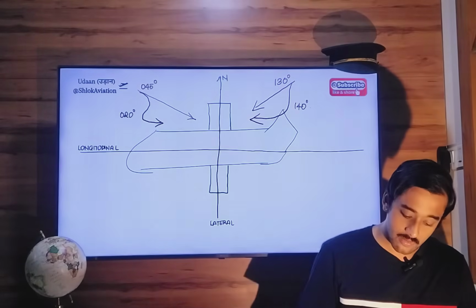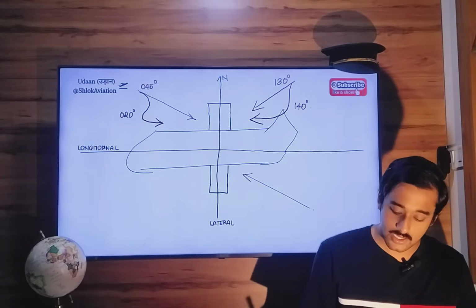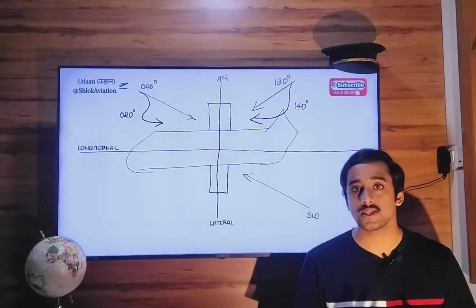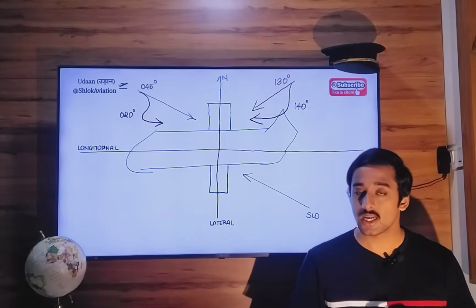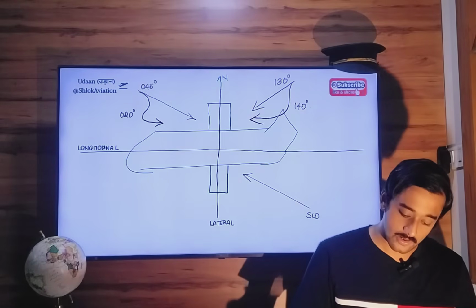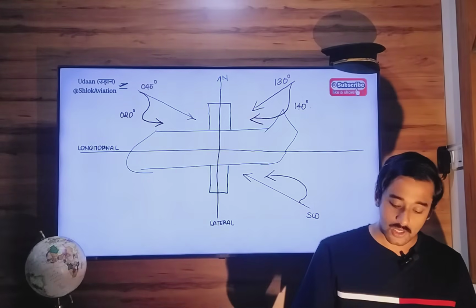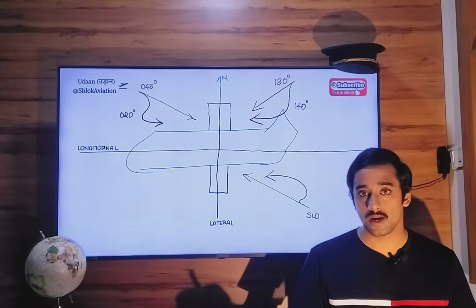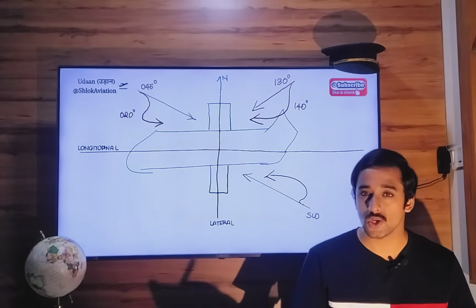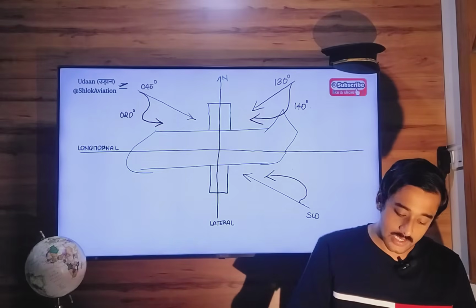Now if a signal is coming from southwest direction like this, 225 degree, 230 degree, the electrical conductivity of this aircraft will bend it around to align it with the longitudinal axis of aircraft. So the signal will appear to be coming from a direction less than 220 degree, 225 degree, let's say 210 degree, right?